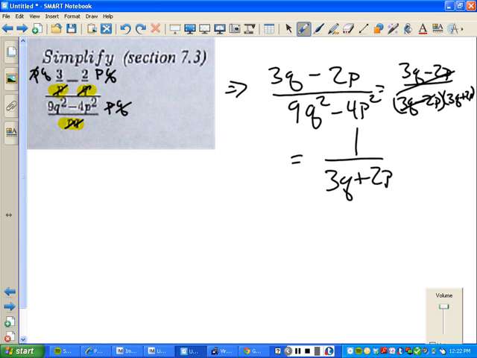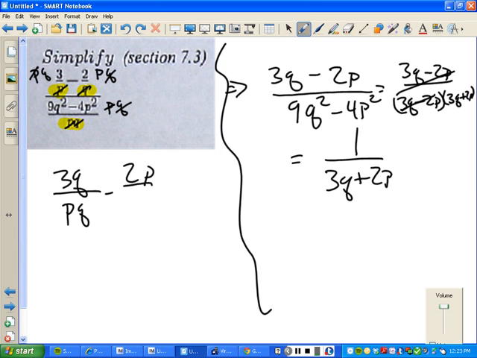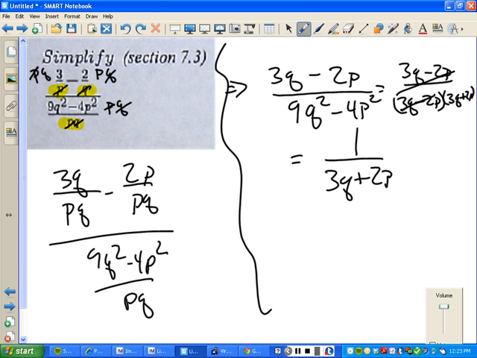Are you going to be upset if that's not how we do it on the test? Now, I was getting ready to bring this up. Some of you are doing 3Q over PQ minus 2P over PQ, and then basically multiplying by the reciprocal.